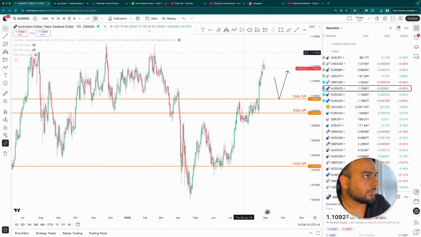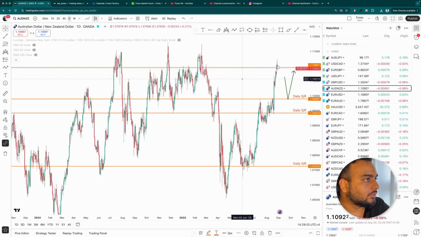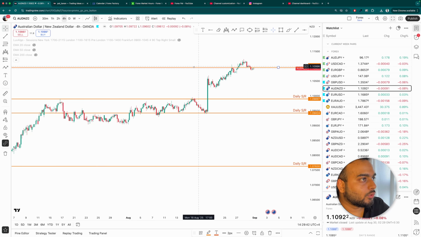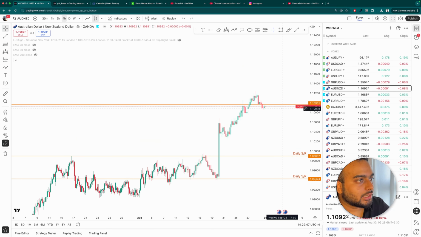So maybe what we can do here is exactly wait for price to break this, reject from here, and the next level of support resistance would be, I think what I would like to see here is 4 hour to exactly reject and change structure.